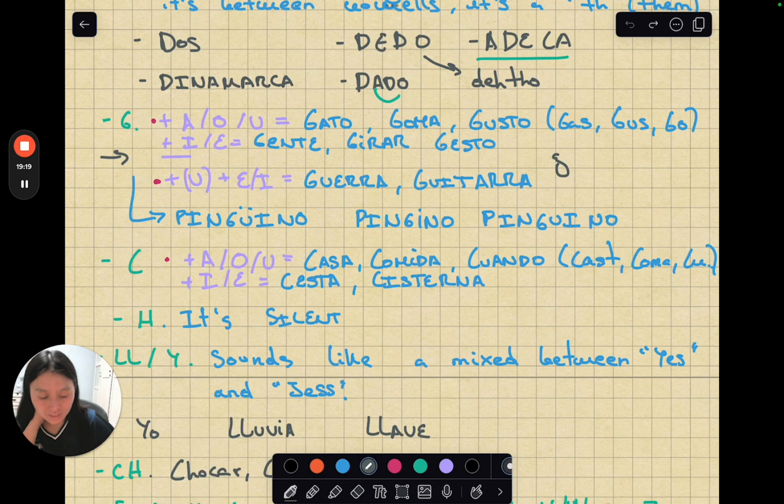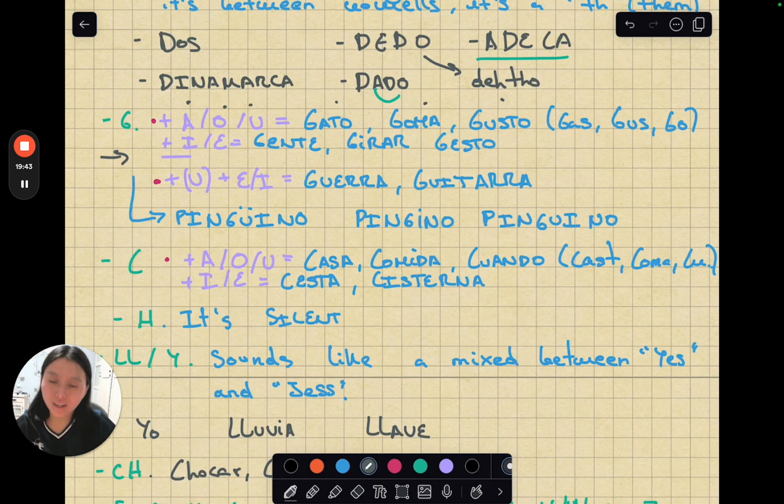So that same thing would happen in Spanish. Whenever the G is followed by A, O, U, it's a hard G sound. Gato, cat, goma, rubber, gusto, taste. Hard G sound, okay? But whenever it's followed by E or I, it's an H sound or a stronger H sound, depending on the accent.